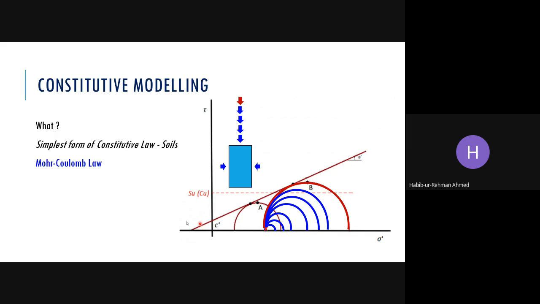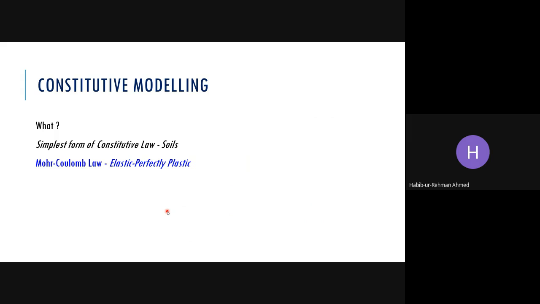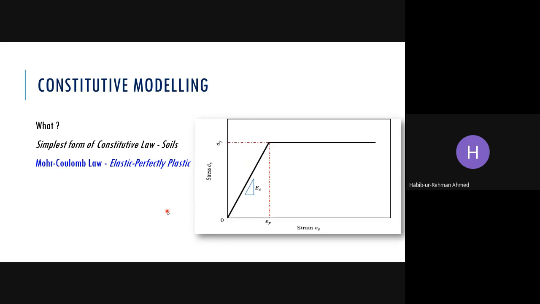What does it say? This Mohr-Coulomb law says that the material is perfectly elastic before failure, and then it becomes perfectly plastic once the failure occurs. So there are two stages of this constitutive law.